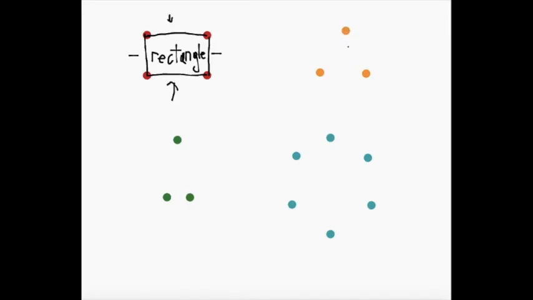We have 1, 2, 3 dots. I'm going to give you a minute to make your guess and think about what you think this shape is going to look like.